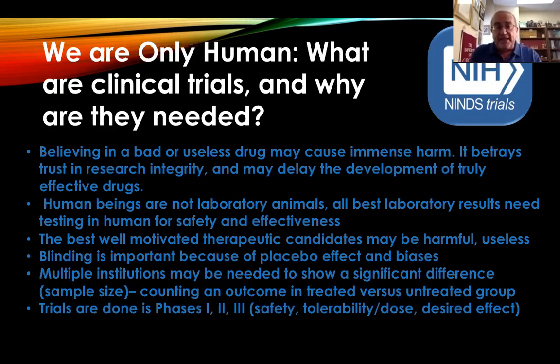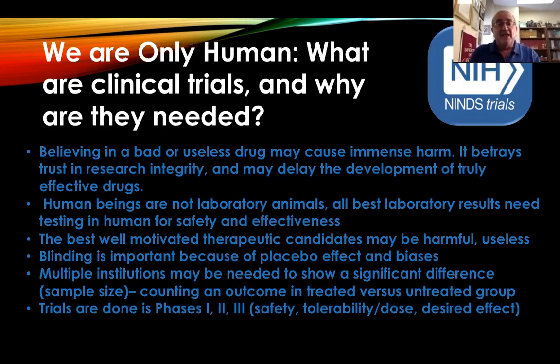I'm not going to spend a lot of time on that, but suffice it to say that phase 1 is the earliest phase that tests for safety and feasibility, if you can even take the drug and if it is safe. Phase 2 will check whether there might be the desirable effect.